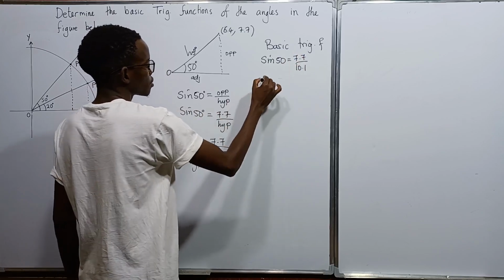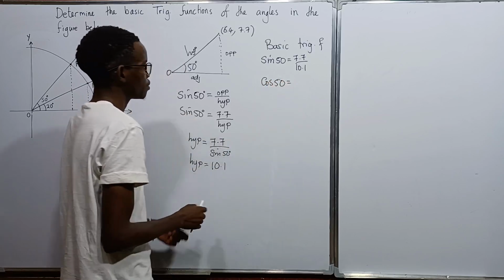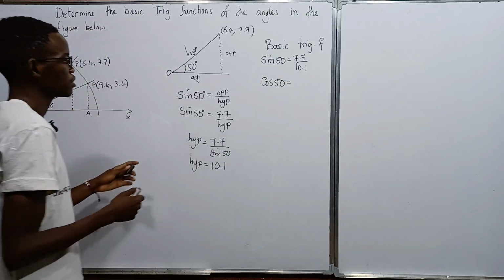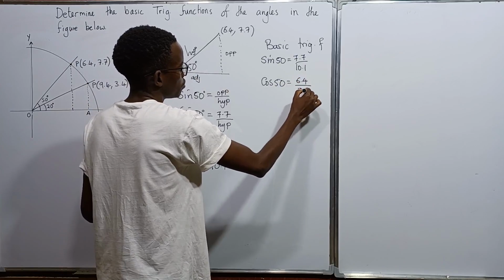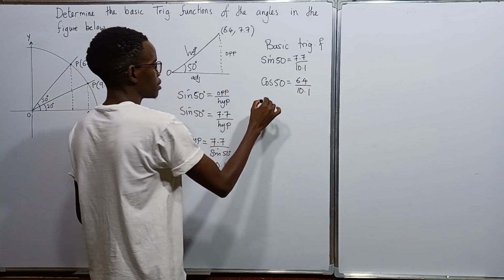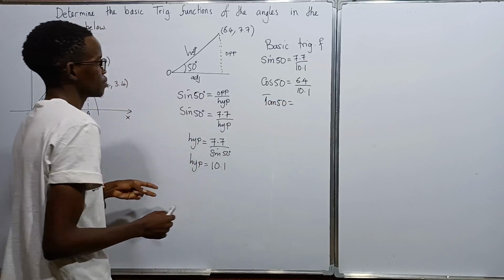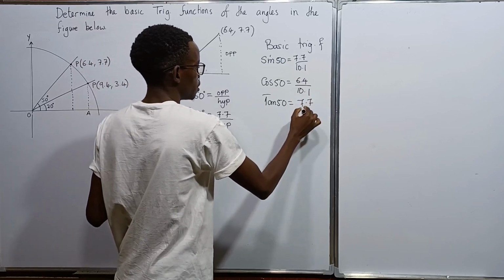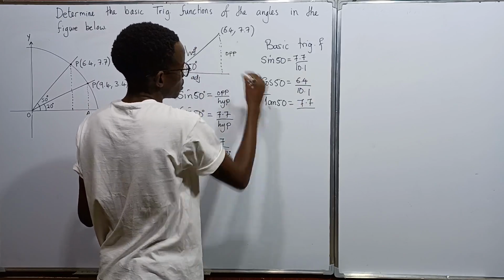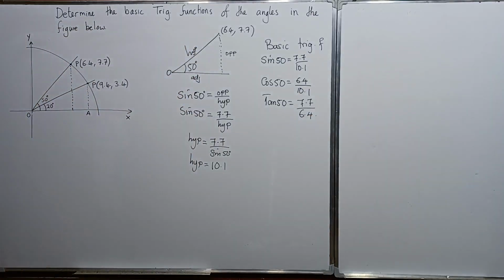Then cos 50 is made up of the adjacent over the hypotenuse, so the adjacent is 6.4 over 10.1. And tan 50 is equal to the opposite over the adjacent, so our opposite is 7.7 and our adjacent is 6.4. So these are the basic trig functions that we can derive from the first big triangle.